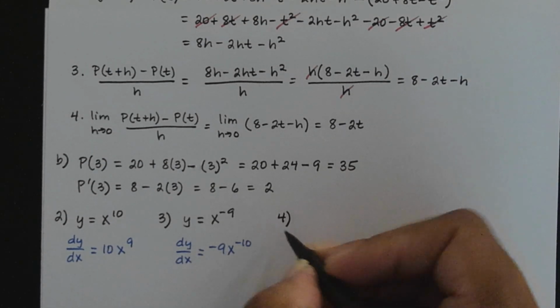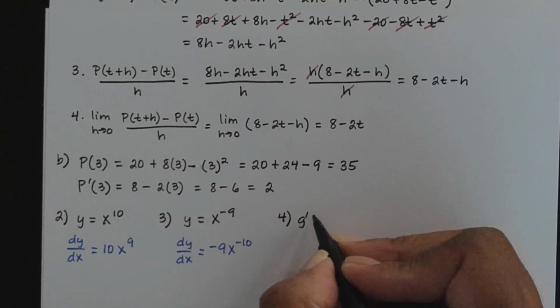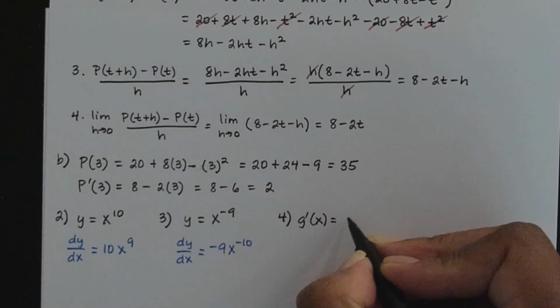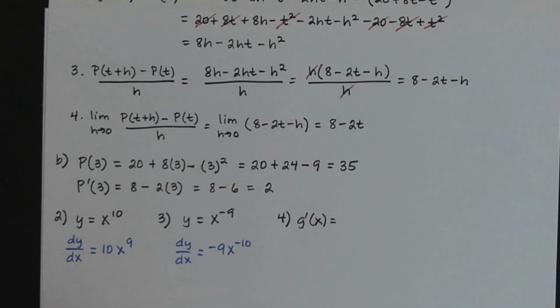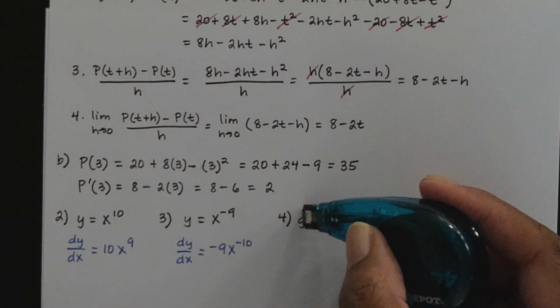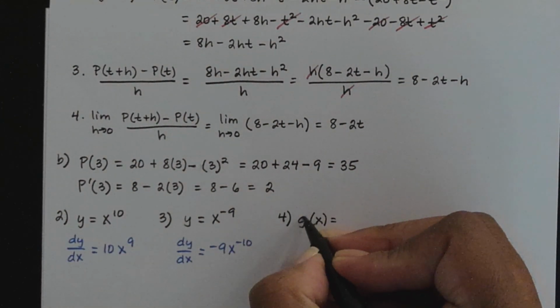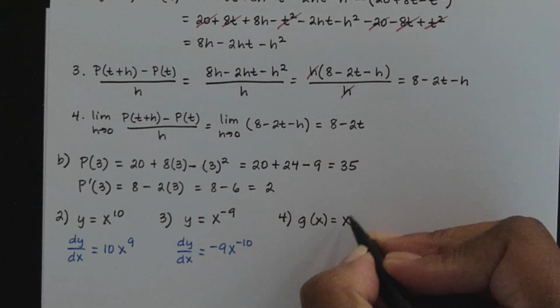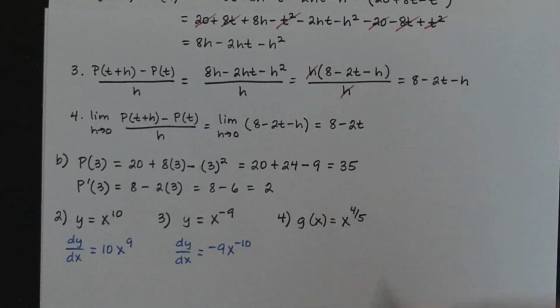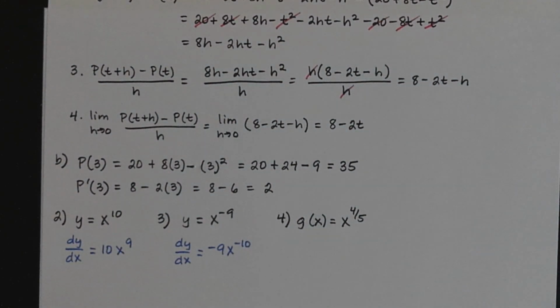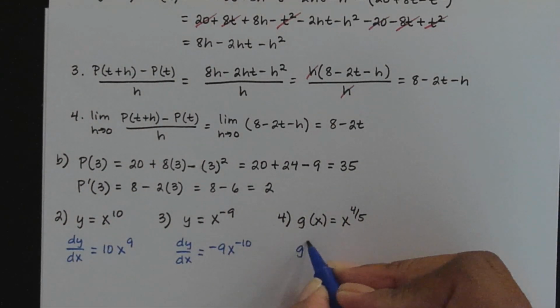All right, number 4, g prime of x. We're finding g prime of x, but g of x is given as x to the 4/5. So here I want g prime of x.